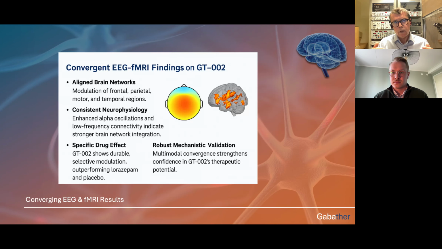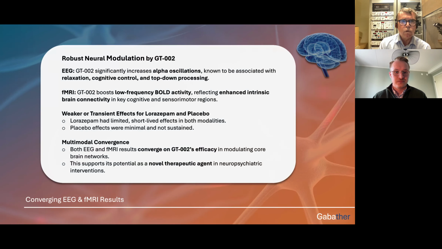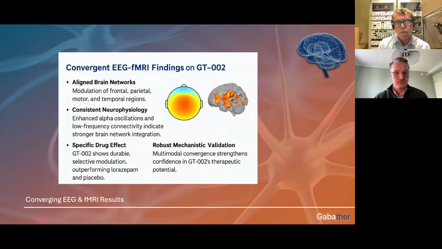We seem to be affecting mainly the low frequency range in the alpha waves in the EEG, the low frequency oscillations in the fMRI, and these two things actually hang together. So as a therapeutic potential, I think it's very interesting. In particular, I have in the next slide which areas of the brain we're working with in fMRI.